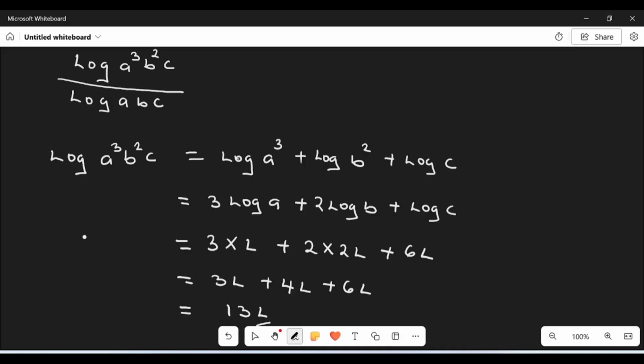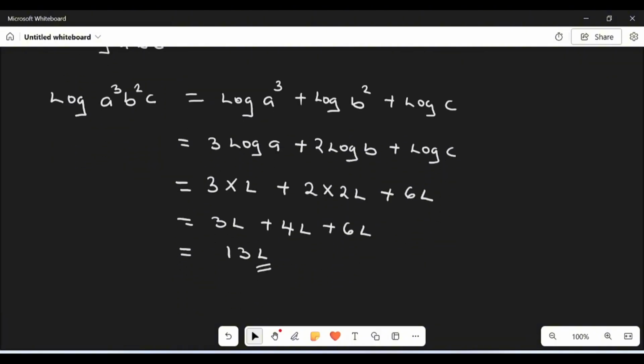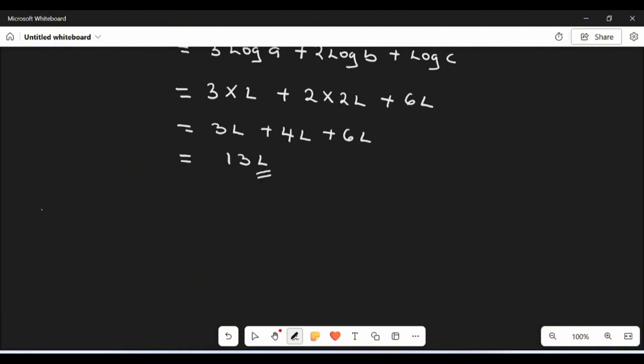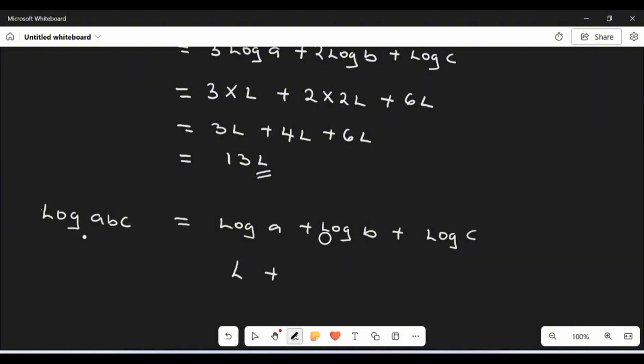Let us also calculate the value of the denominator. Log ABC, using logarithm property, equals log A plus log B plus log C. Our log A is L plus our log B is 2L plus our log C is 6L.